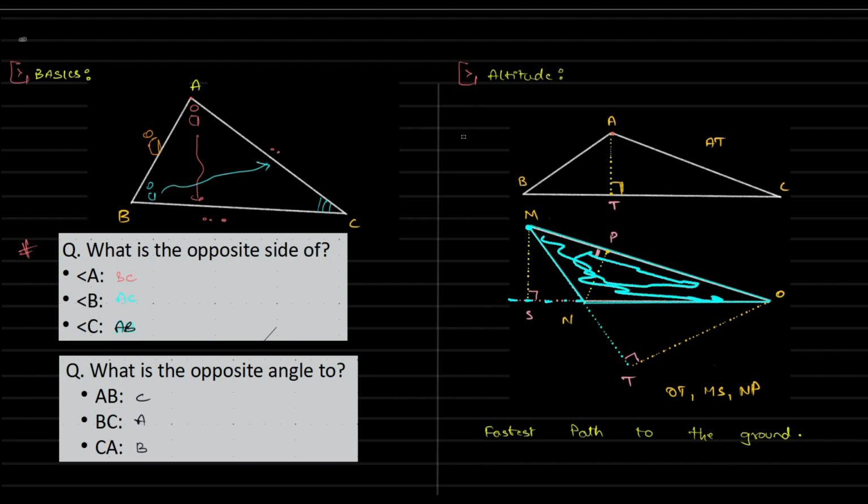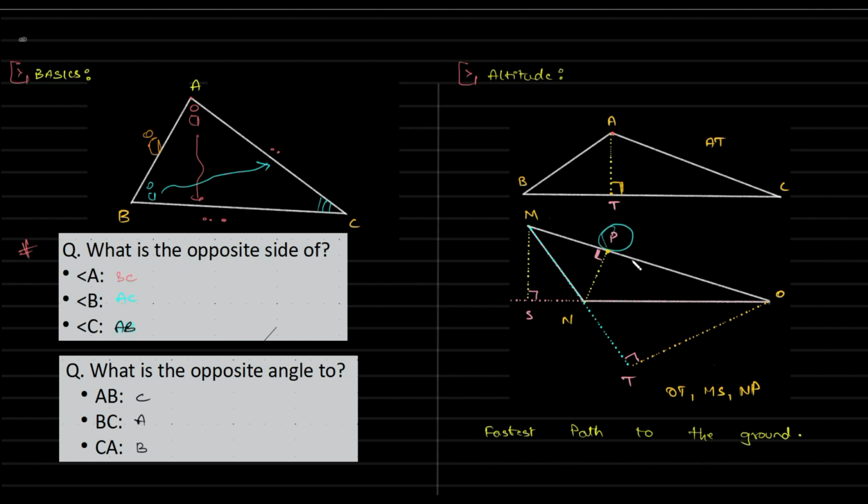Okay. So here again we have another perpendicular line OT, which is on extended line of MN. And we have NP, a perpendicular line to MO from N. So perpendicular line need not touch the opposite side.